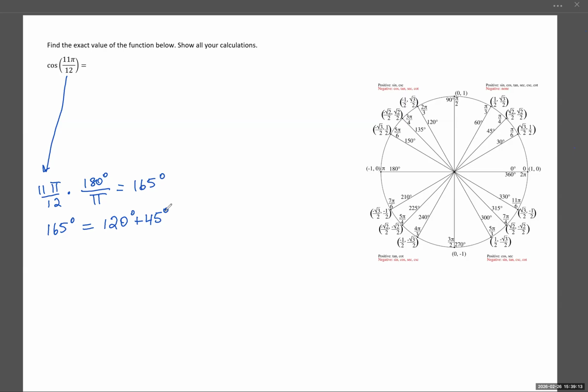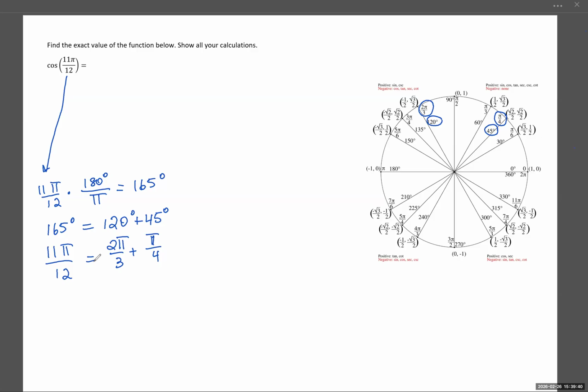From the unit circle, you can see that 120 degrees corresponds to 2 pi over 3, and 45 degrees, of course, corresponds to pi over 4. So this would be 2 pi over 3 plus pi over 4. So our original angle, 11 pi over 12, would equal the sum of these two angles.